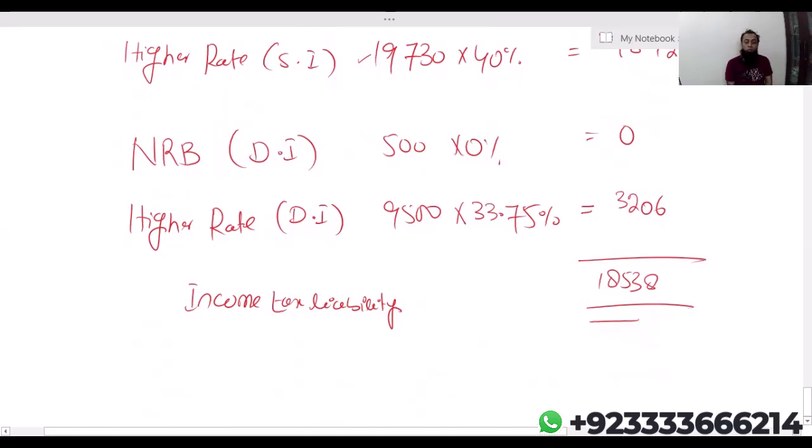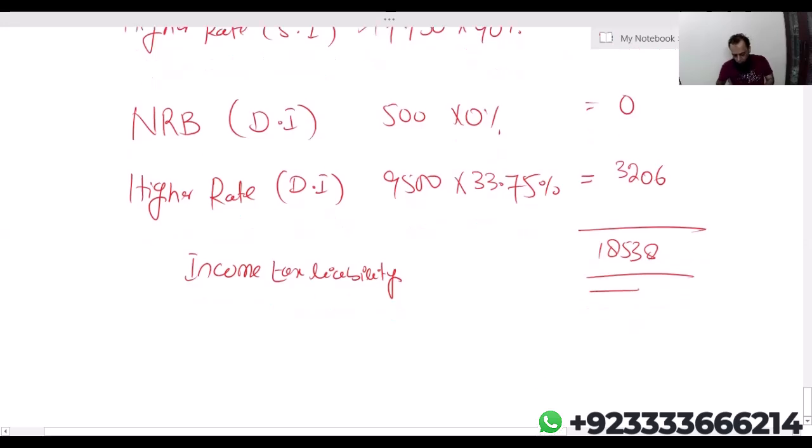So how to apply tax rate on dividend income? So far, we have not used the starting rate band for the saving income. When that starting rate band comes into action and how do we use that, we have not discussed that.